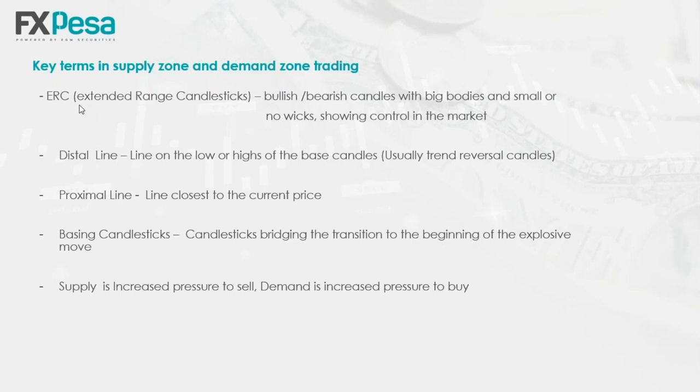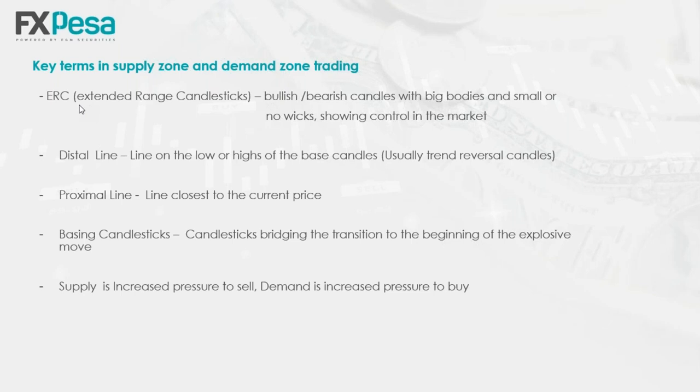So we will get to see this practically so that you can have a deeper understanding of what I'm talking about. In the case of a demand zone, the proximal line would be drawn along basing candlesticks with the highest level of body.